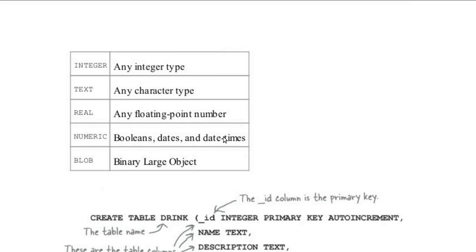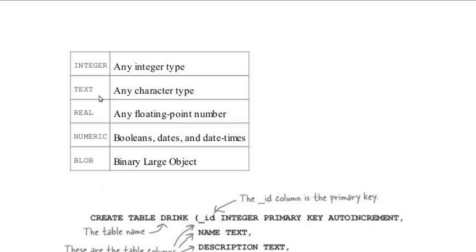As you know, in a database we have tables, and in tables we have columns, and the columns have data types. We have different kinds of data types. Integer is for integer type data, text is for character type data, and real is for floating point numbers.